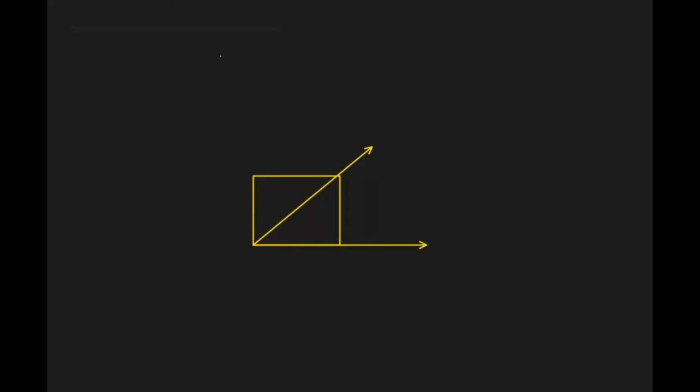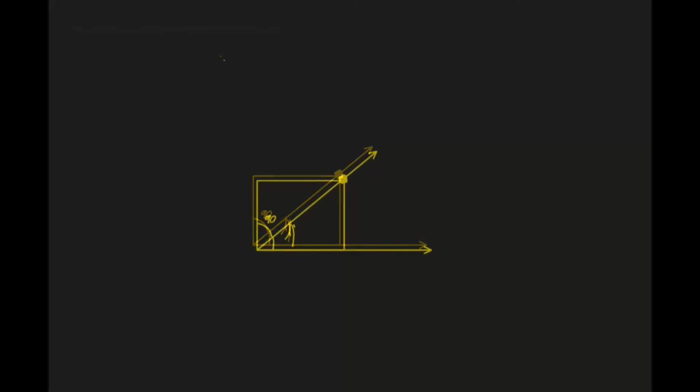Now, we know that this is pointing exactly to this point of the square. So we're going to figure out this angle. We know that this total equals 90 degrees. We're going to figure out what half of it is, so we're going to do 90 divided by 2.